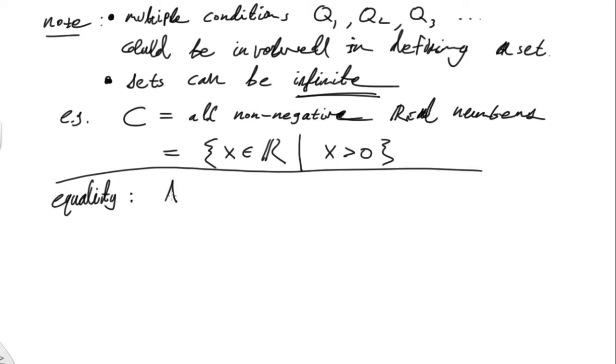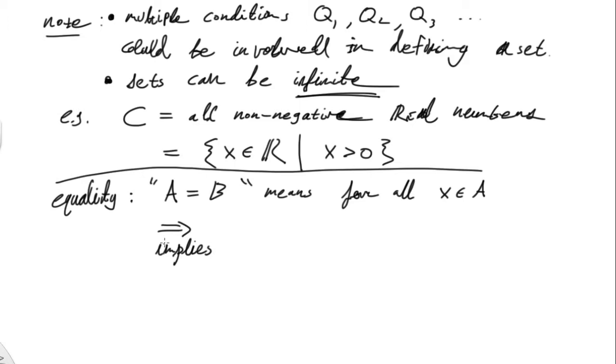So equality, we say that A is equal to B. It means that, or I should say, for all X in A, it implies, and we're going to use that symbol here, implies that X is also in B, and then conversely, I'm going to put this symbol now, and that means here for all.